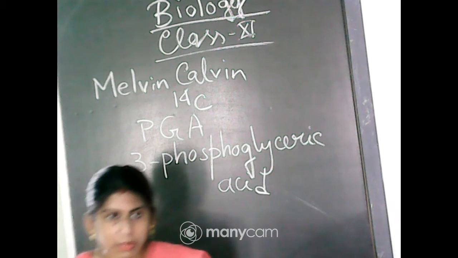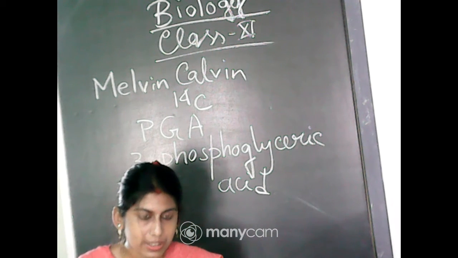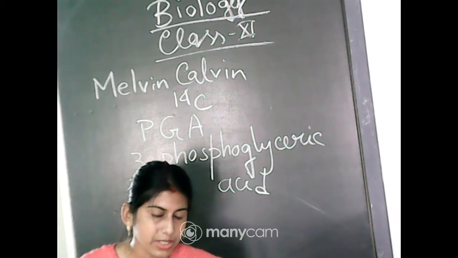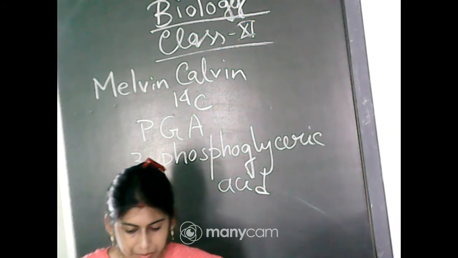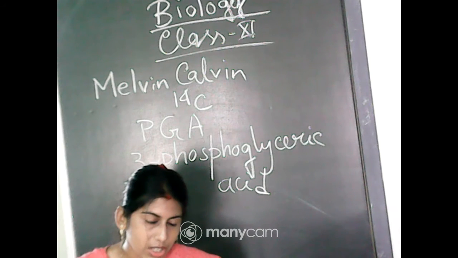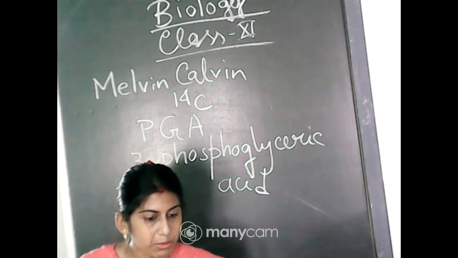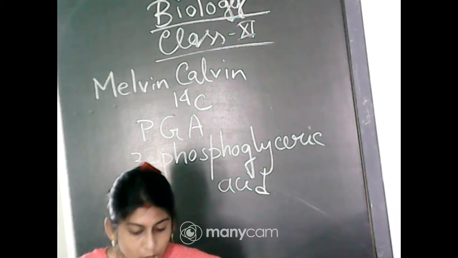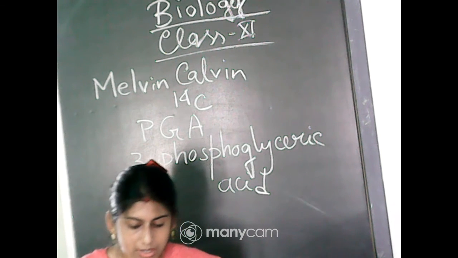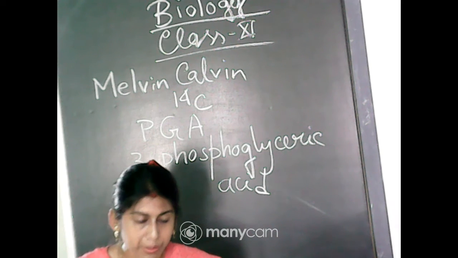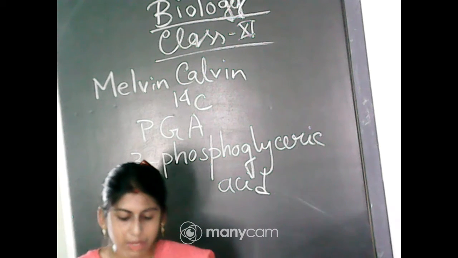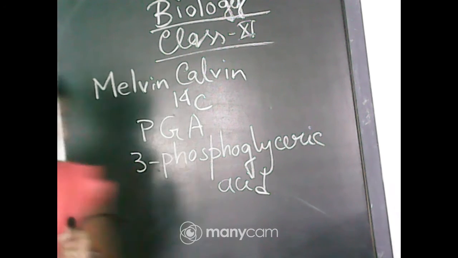So with the help of wide experiments on a wide range of plants, they discovered another group of plants where the first stable product of carbon dioxide fixation is again an organic acid, but it is not 3-carbon, it is a 4-carbon acid. This acid was identified to be oxaloacetic acid.